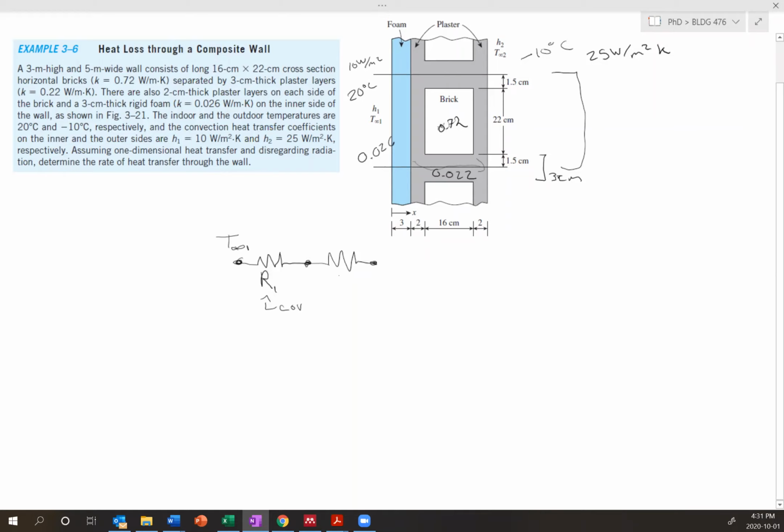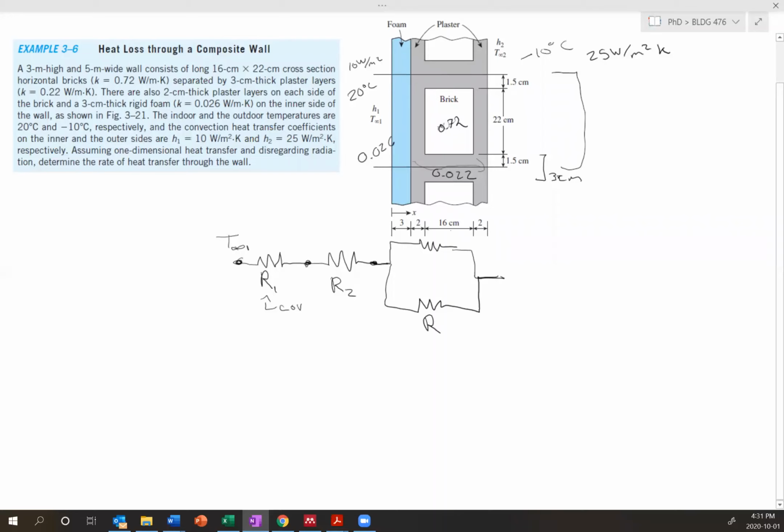So if you guys did the project, you've already done this analysis pretty extensively. R2, so that's through this plaster layer. Then in this case, the heat transfer gets split up into 3 different ways. So it goes through here, it goes through the brick, and then it also goes through this side. When we do our analysis, we'll see that the heat transfer through the 2 sides will be equal. But we'll call them 2 resistors right now.